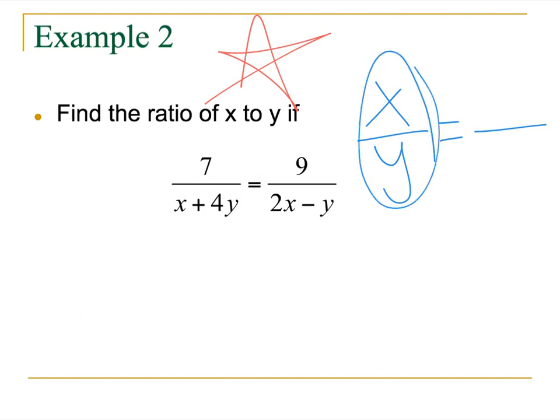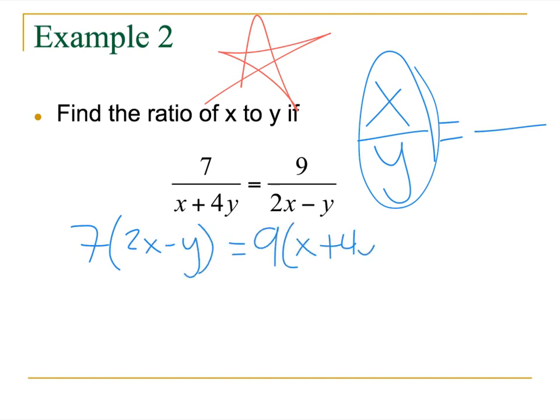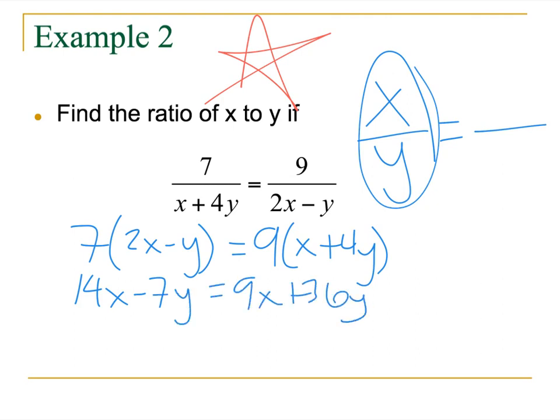So we're going to manipulate this equation a little bit. When I cross multiply, I'm going to have 7 times (2x minus y) and 9 times (x plus 4y). I'm going to distribute.